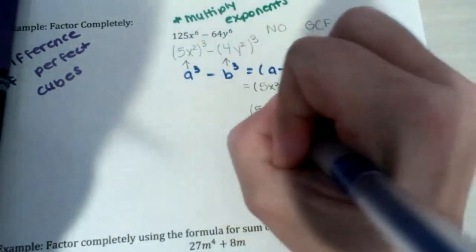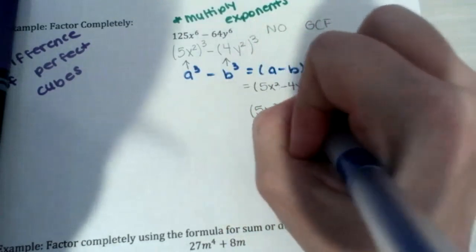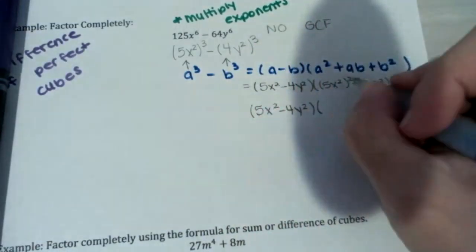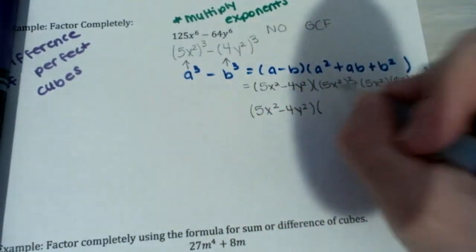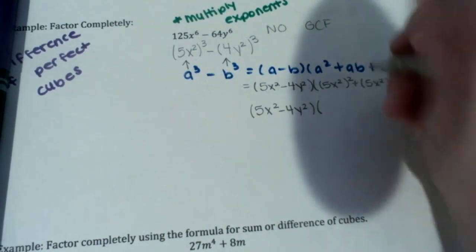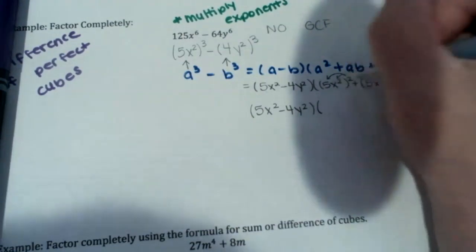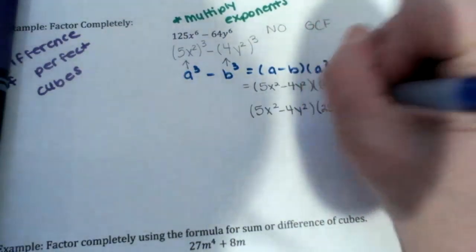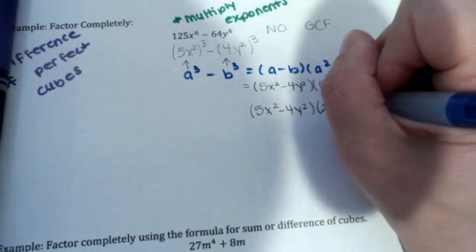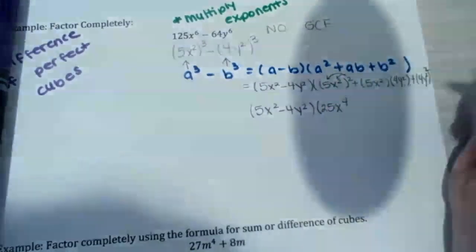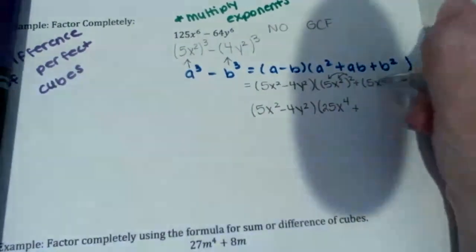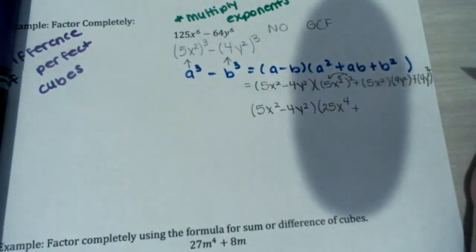So 5x squared minus 4y squared times 5x squared squared. So it's 5x squared times 5x squared. So that squared is going to go to the 5 and it's going to go to the x squared. So 5 squared would give us 25. X squared squared, remember multiply your exponents, would be x to the 4th power, plus 5x squared times 4y squared.